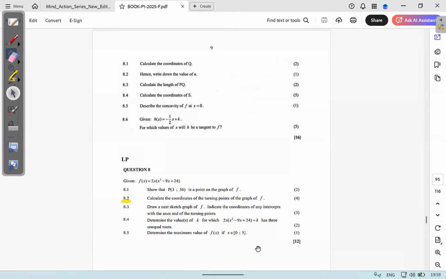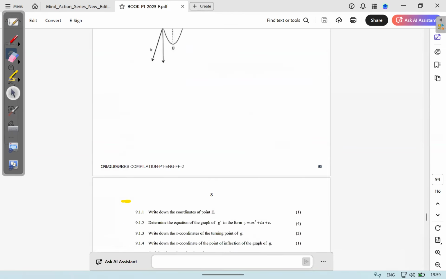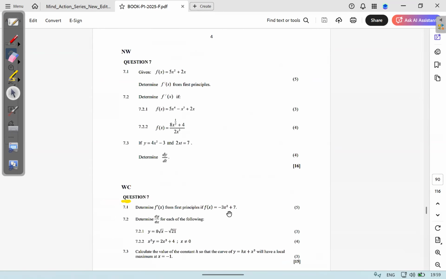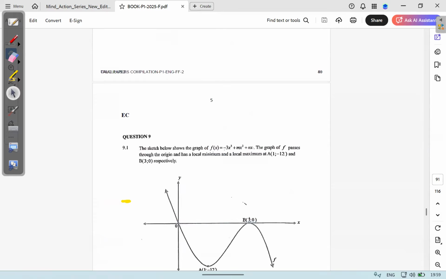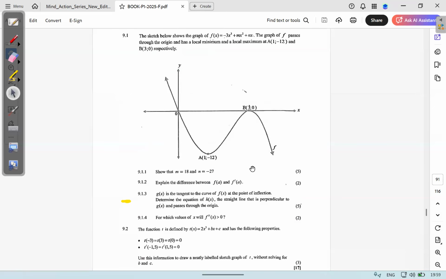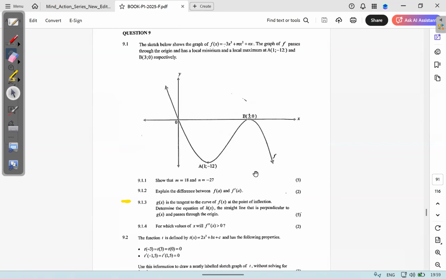So you go over this section under calculus, where you've got fun graphs like this. I think you can also do this one, but that's if you know the values of M. They've already told you that M is 18 and N is negative 27.